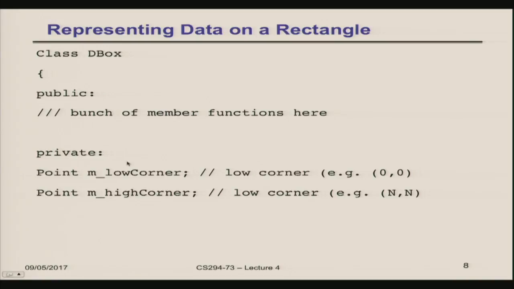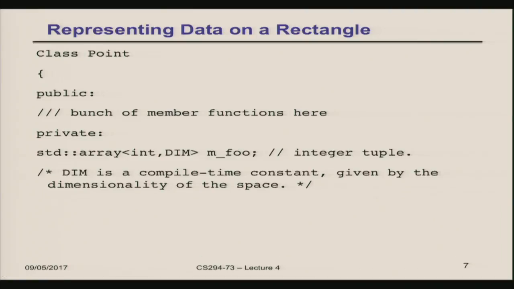We'll get to that in a moment. For example, in that first example we had, our low corner would have been 0, 0. And what's the high corner? Well, the high corner is N, N. If you specify the low and high corners, you've specified a rectangle. So now I've specified box in terms of point. Well, what's a point? Well, point, a bunch of member functions here.